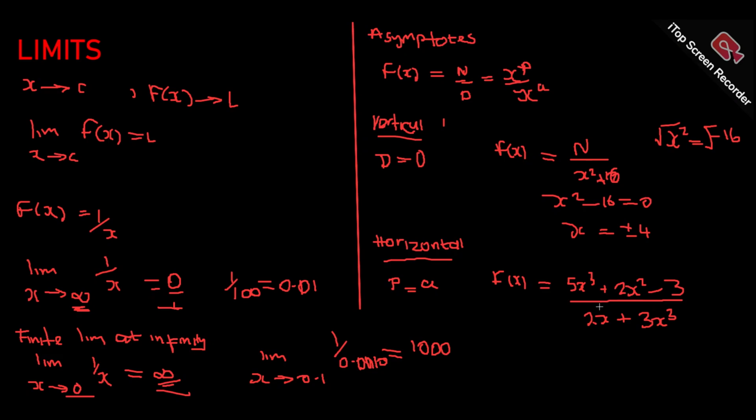And what are you supposed to do? You're just going to multiply the denominator and the numerator by 1 over x cubed, which is the highest power. So if the highest power was 2, we would have multiplied by 1 over x raised to the power 2. As simple as that.